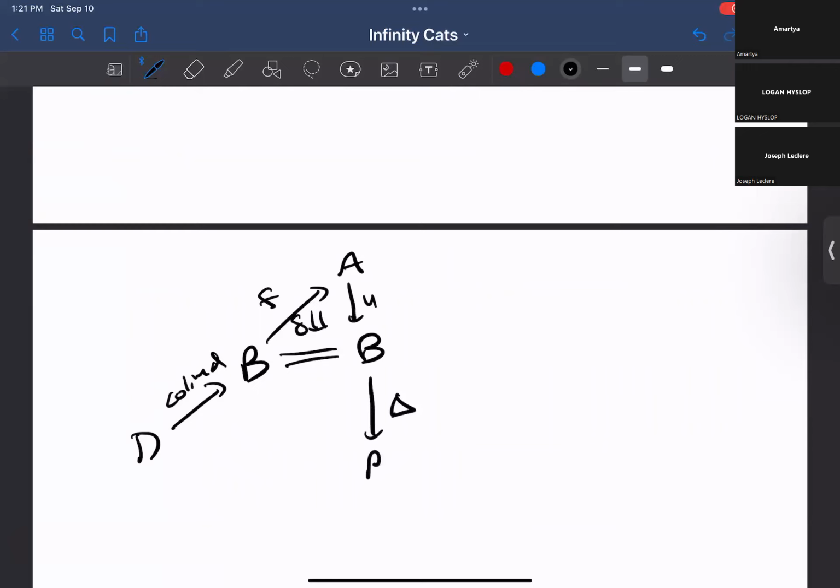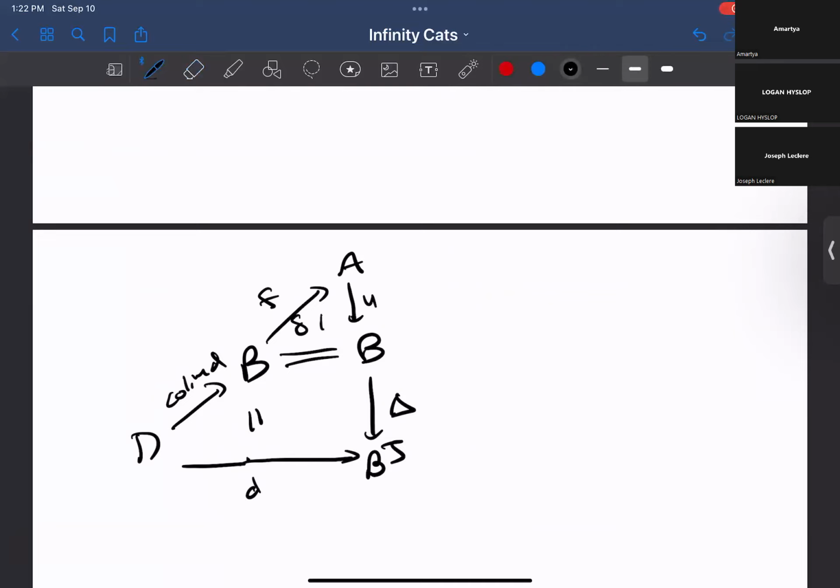Then we can take diagonals to B to the J and have D down here. And here we have eta.